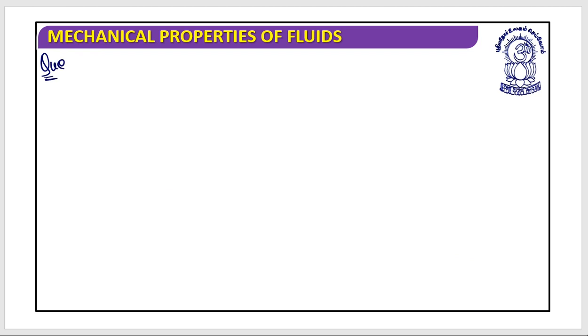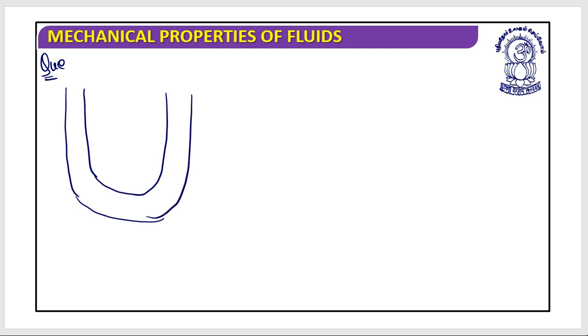Suppose the question says that we have this kind of tube. It is generally what we call a U-shaped tube, and this tube is filled with two different fluids.